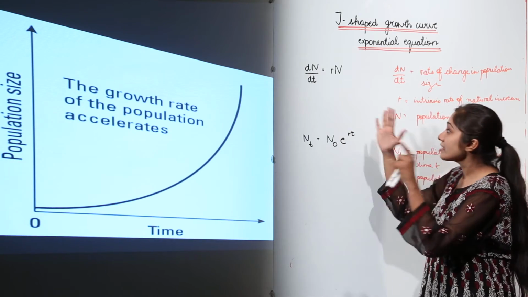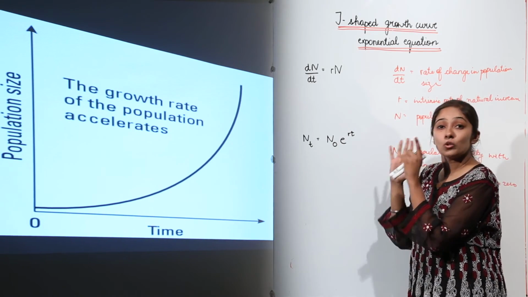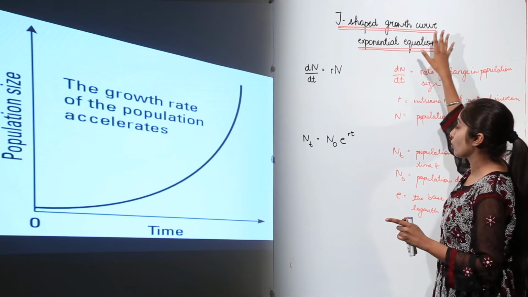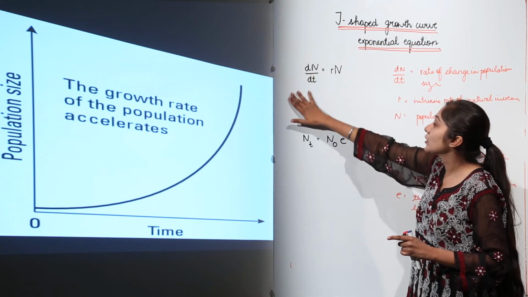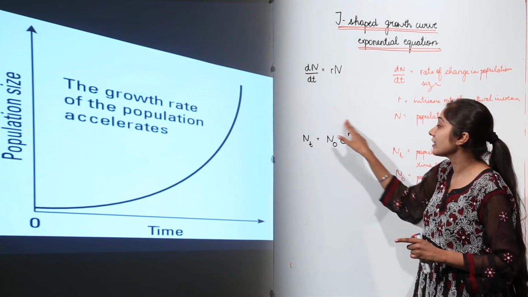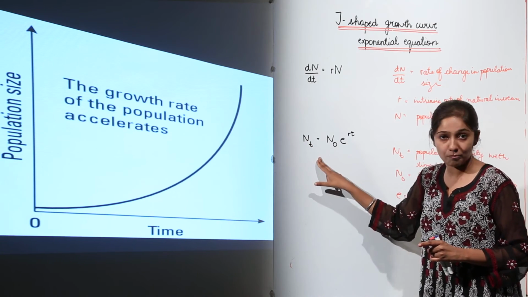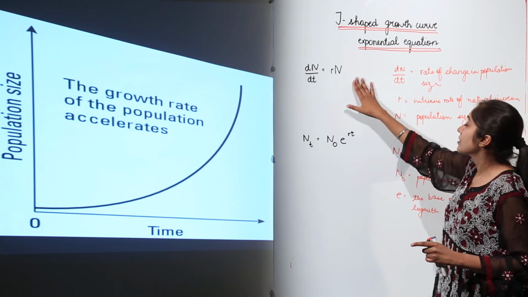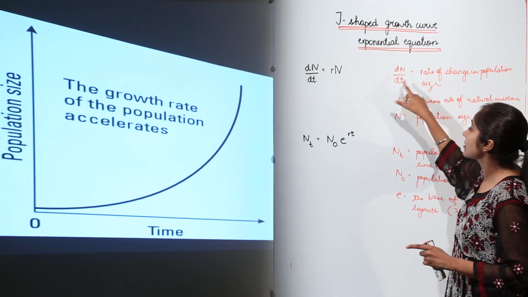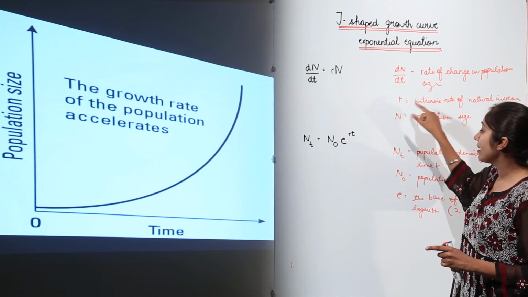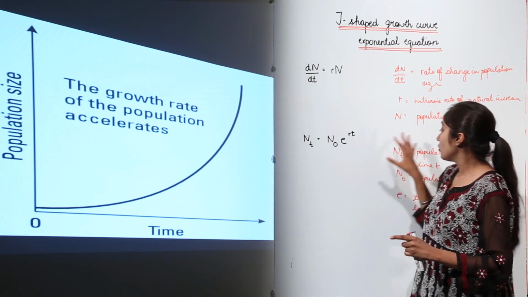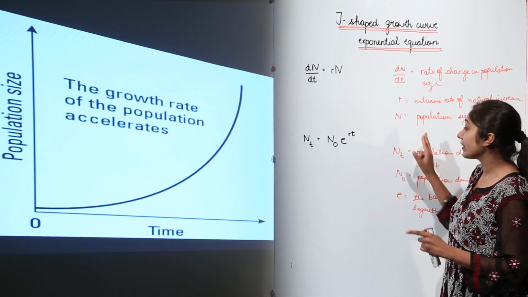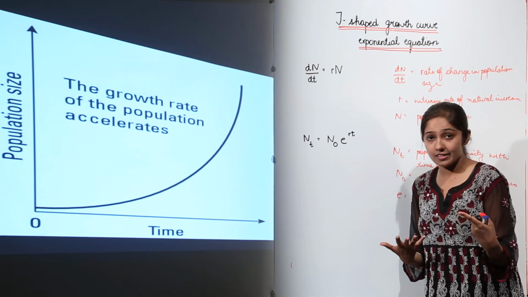So you just have to remember the equations for the J-shaped growth curve. This is the exponential equation, and this is how we have written it in integral form. Remember, dN/dt = rN. Give the meaning of these terms, and also try to understand how these can be applied.